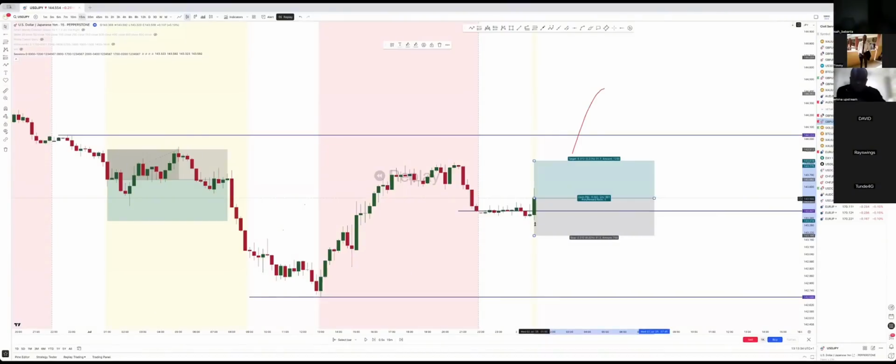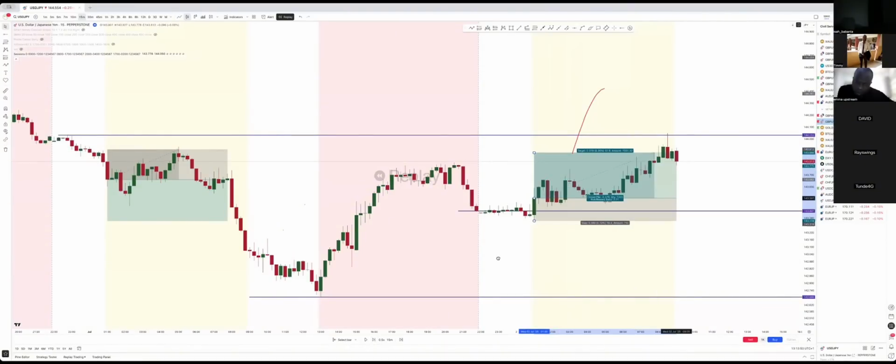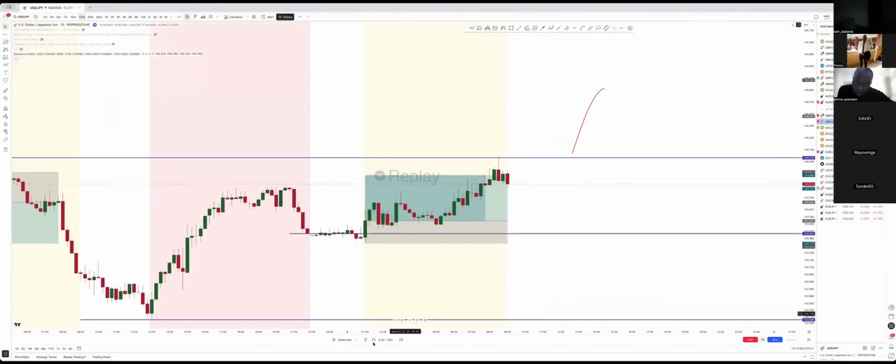Entry here. Then TP will be here, 1 to 2. Then let's see what price does. Okay, take profit eventually. So that's it, guys. Then this is Wednesday. Let's do Thursday.